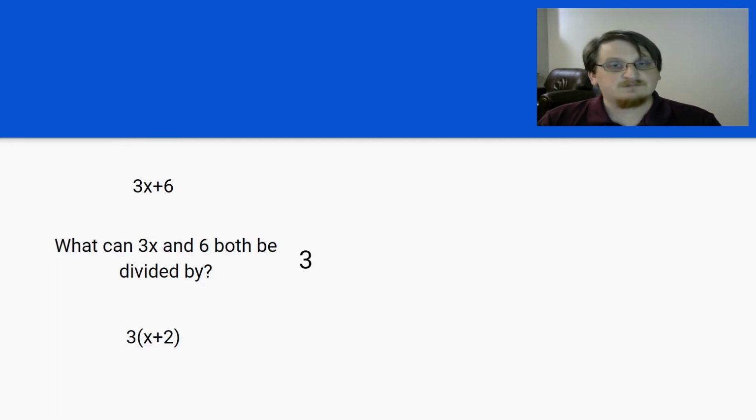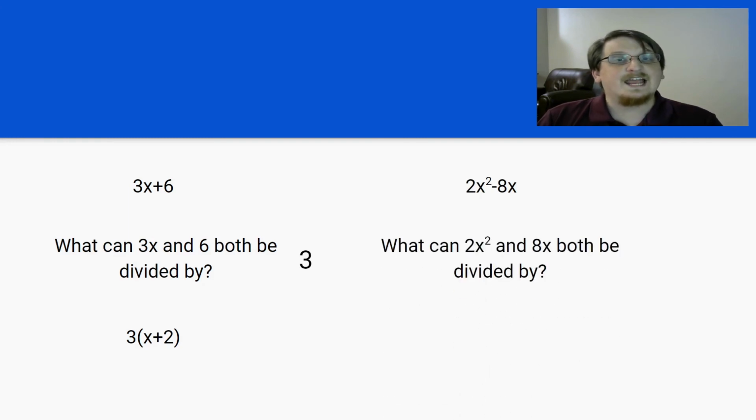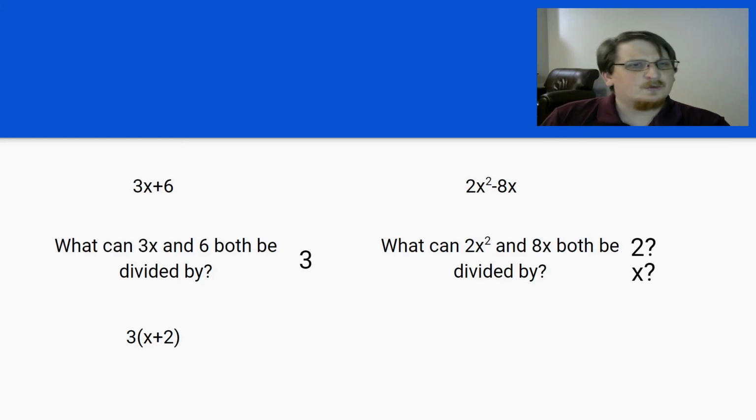Okay, so our next problem is 2x squared minus 8x. Again, what is the greatest common factor between these two terms? Is it 2? Good guess, but no, try again. What about x? Still not correct. I'll give you a moment to think about the greatest thing we could factor out.